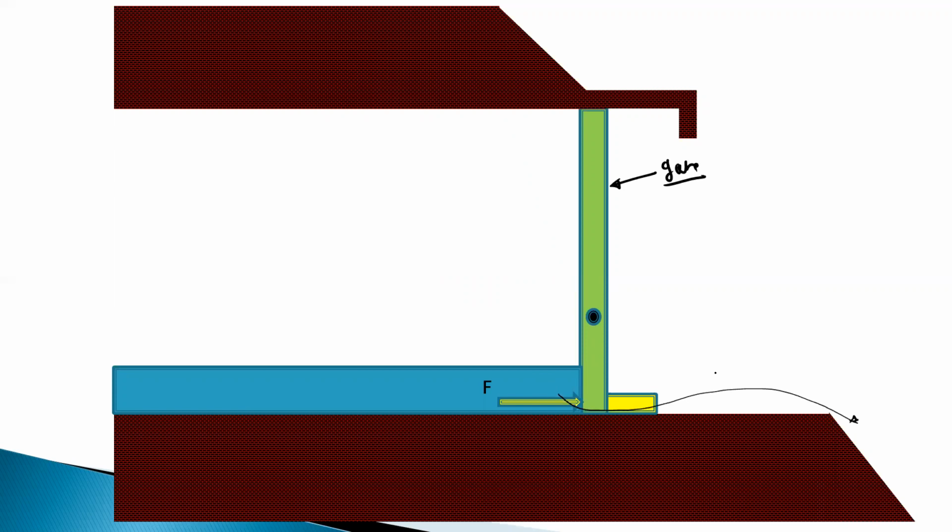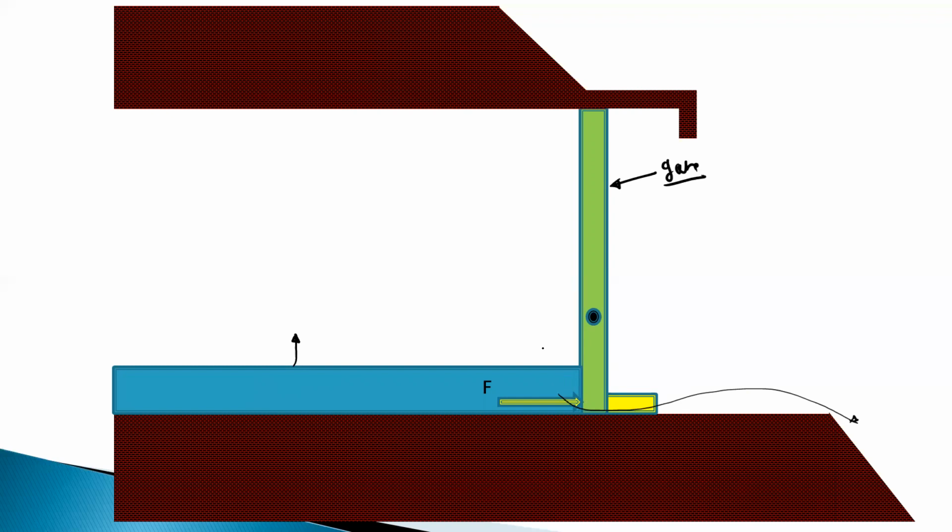So the gate is closed. As the water level increases and crosses some limit level, the gate will open and allow the flow of water to the downstream side.